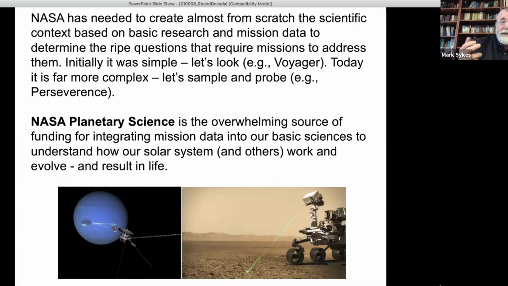So NASA Planetary is the only outfit that's really kind of, NSF, but to a much smaller extent. It's the overwhelming source of funding for doing what we do and integrating our mission data into our basic sciences to understand what it is that we're looking at out there. And in our solar system and in other solar systems, because I would consider that to be planetary science too, but that's me.